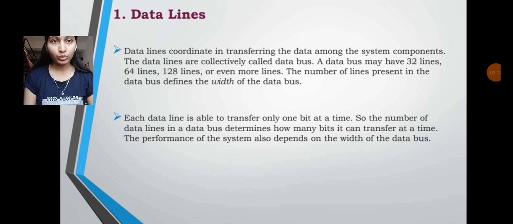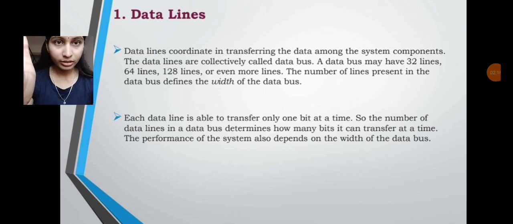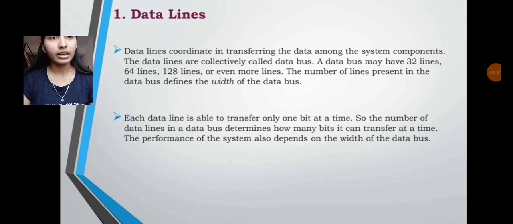First we discuss the data lines. Data lines coordinate in transferring the data among the system components. The data lines are collectively called the data bus. A data bus may have 32 lines, 64 lines, 128 lines or even more lines, that is 2 power n, where n is more than 5.